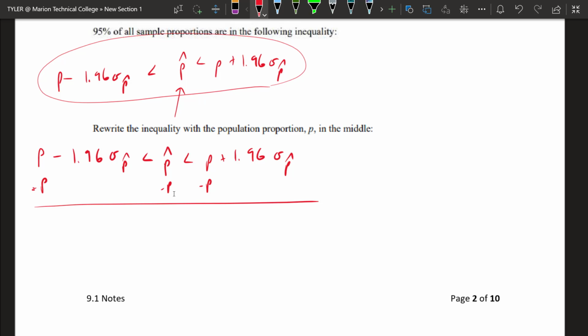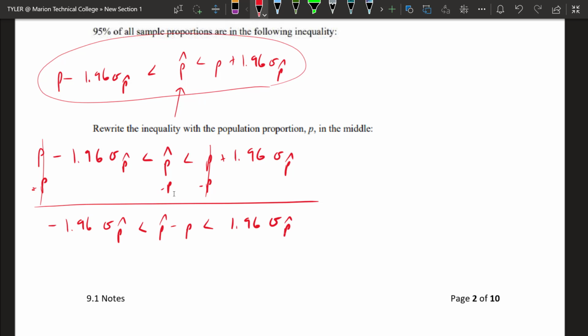So if I subtract p from everything, of course these would cancel, these would cancel. So what I'm left with is negative 1.96 times sigma p hat less than p hat minus p less than 1.96 times standard deviation of p hat.